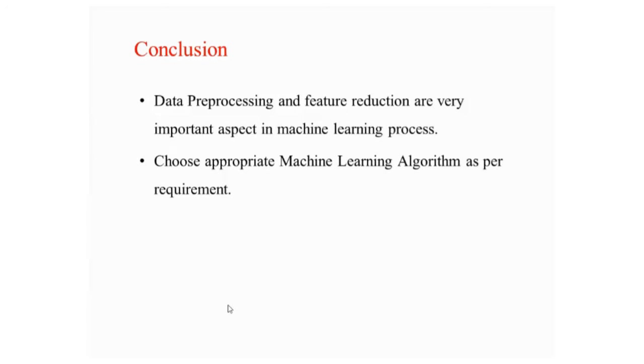And after performing the structuring of the data and the data preparation, it is also necessary to choose the appropriate machine learning algorithm so that the machine learning model will perform well for that data.